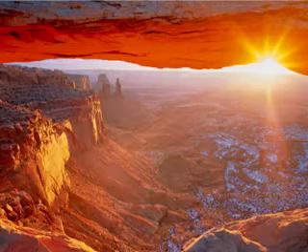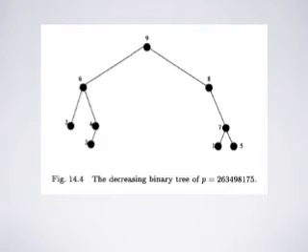Example 14.27. If P equals 2, 6, 3, 4, 9, 8, 1, 7, 5, then T of P is the tree shown in figure 14.4. The tree T of P is called the decreasing binary tree of P. It is indeed a binary tree, that is, each vertex has 0, 1, or 2 children.